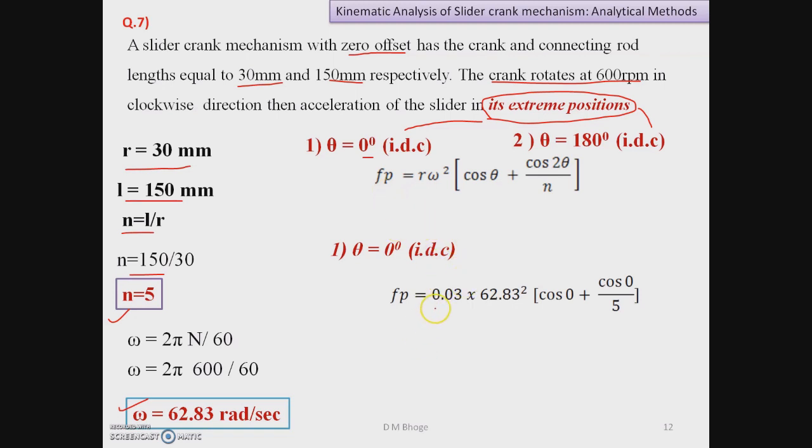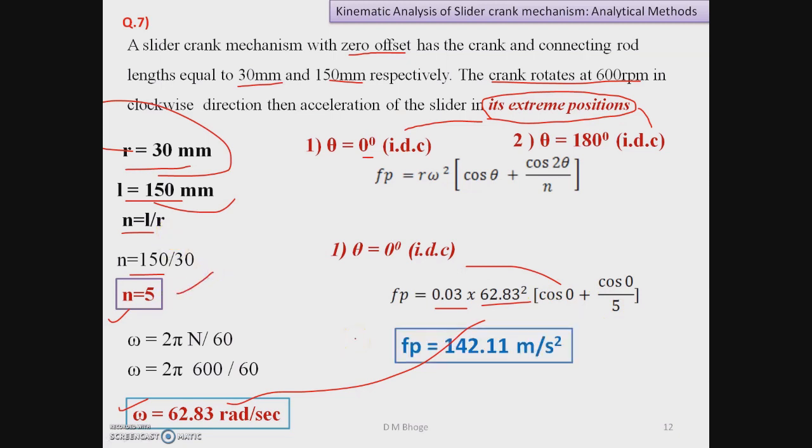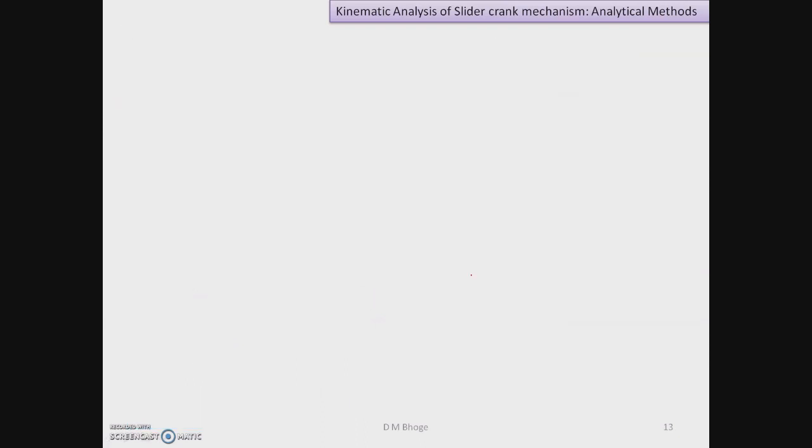R is 0.03 meters, omega is 62.83, theta is 0 degrees, and n is 5. So we get acceleration of piston as 142.11 meter per second square, when it is at top dead center.